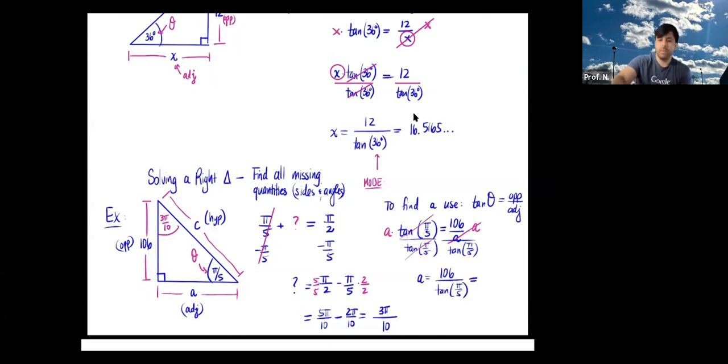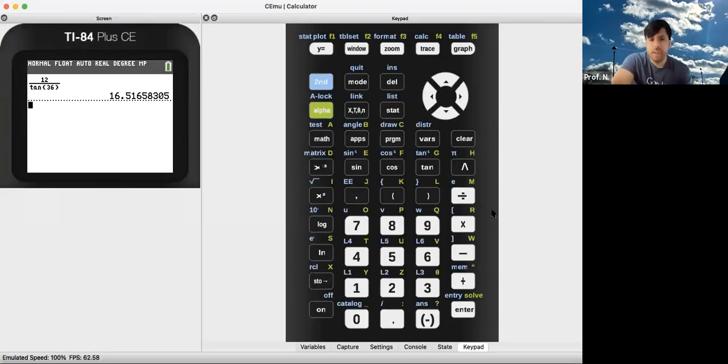So what is that going to equal? Let me use my calculator. You need a calculator for these types of questions. I have my little fraction, 106 all over tangent. Now make sure you're in the correct mode.